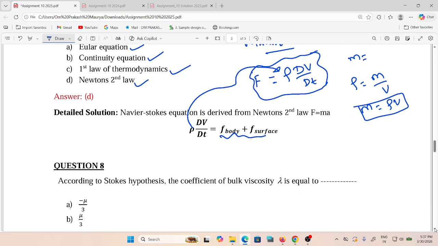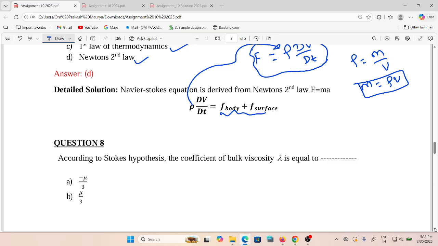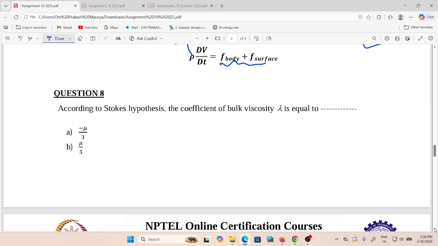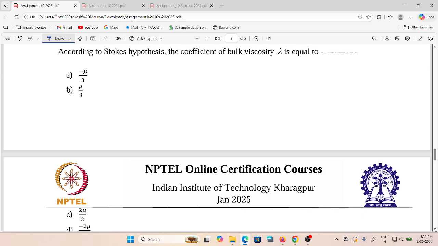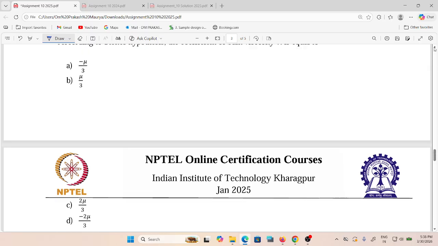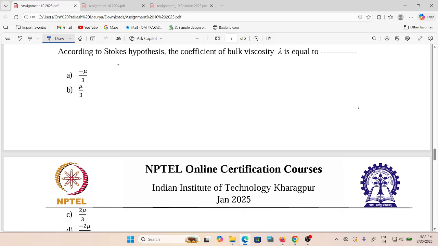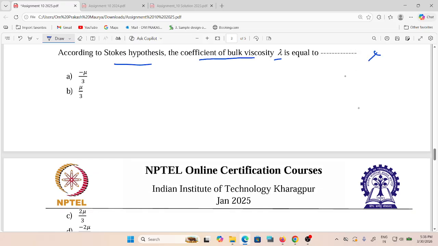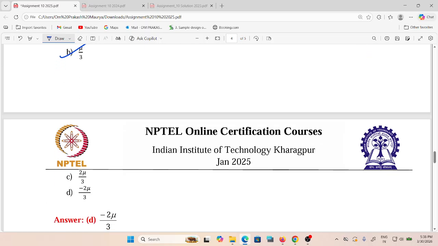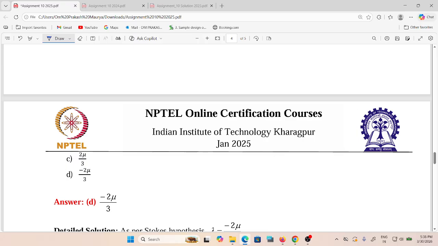Okay, so now I will move on to the next one. According to Stokes hypothesis, the coefficient of bulk viscosity, your lambda, is equal to minus mu by 3, mu by 3, 2 mu by 3, or minus 2 mu by 3.